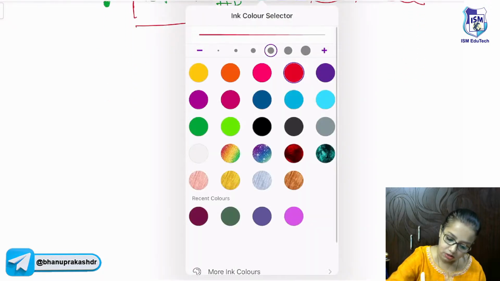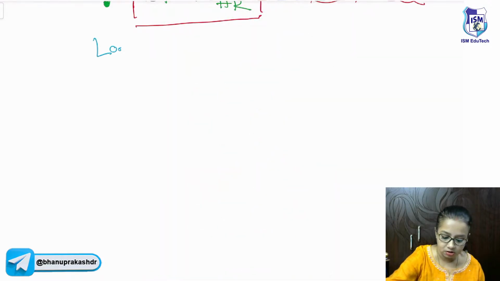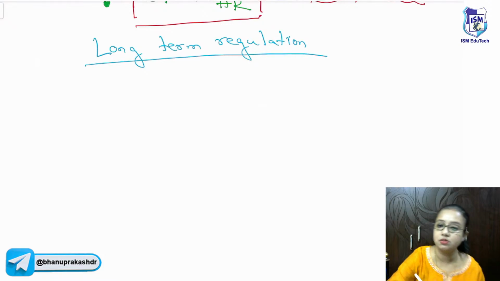Coming to the long-term regulation. Now, what is the long-term regulation? Long-term regulation of the blood pressure is always via the hormones.